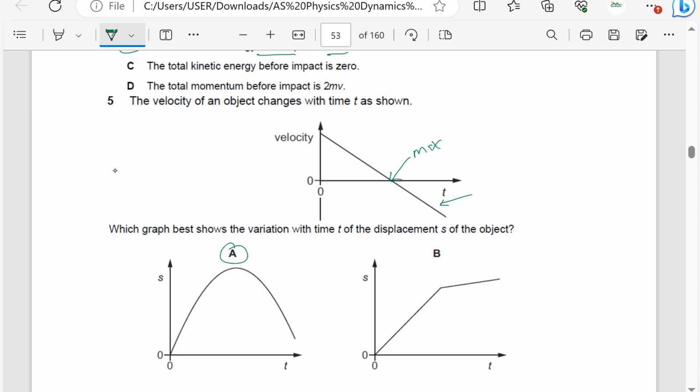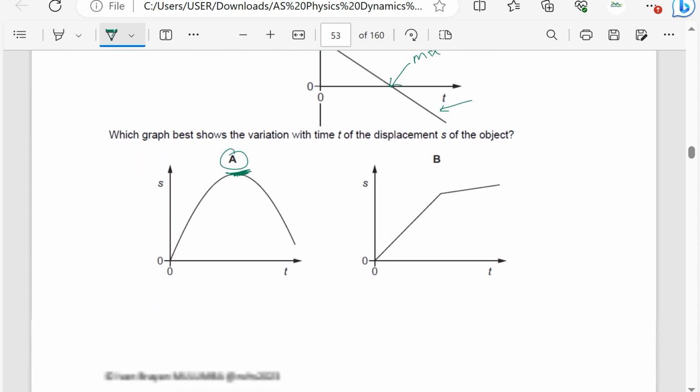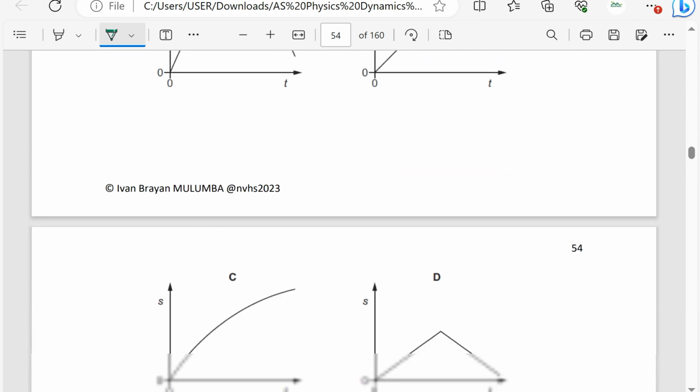The gradient decreases to 0. At this point, velocity is 0. Here it is maximum height. When you throw an object upwards, at the highest point, velocity is 0. So this is at maximum height, and so the option with a constant gradient here is wrong.